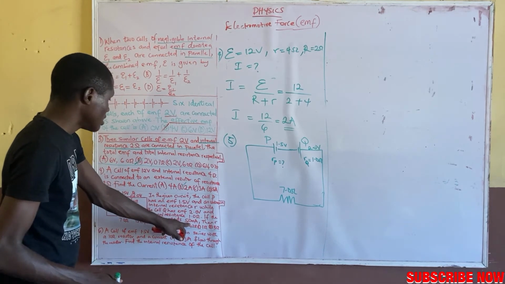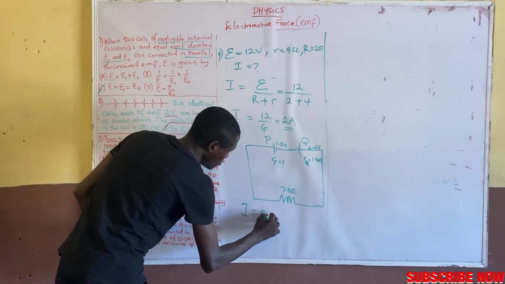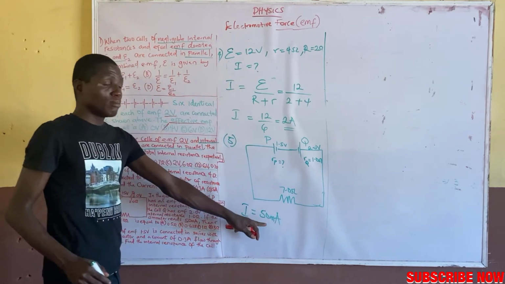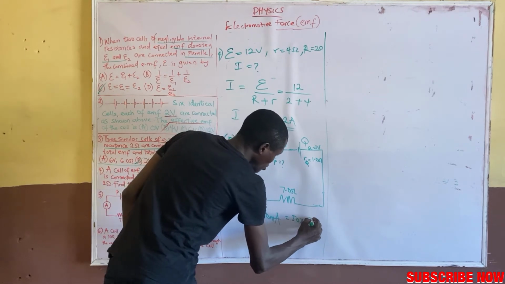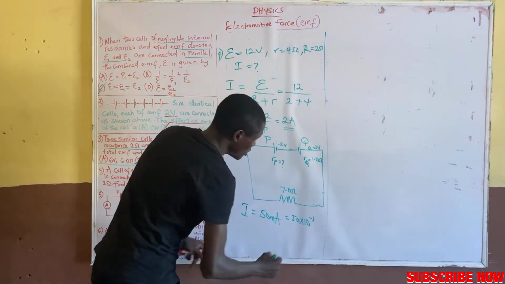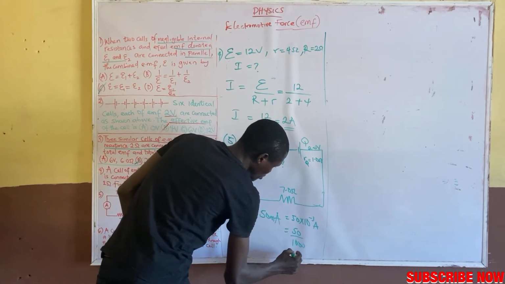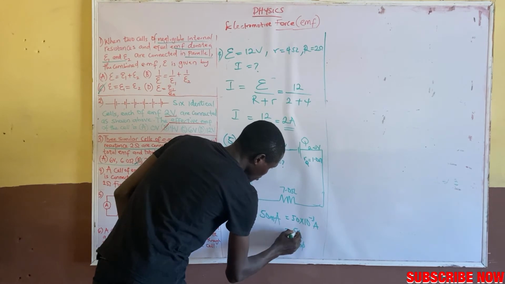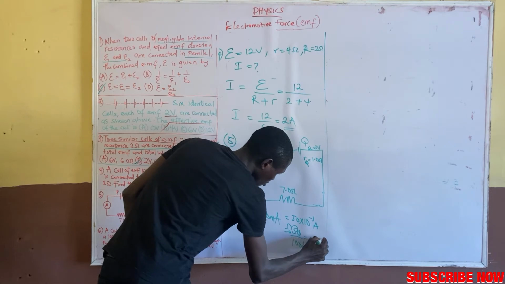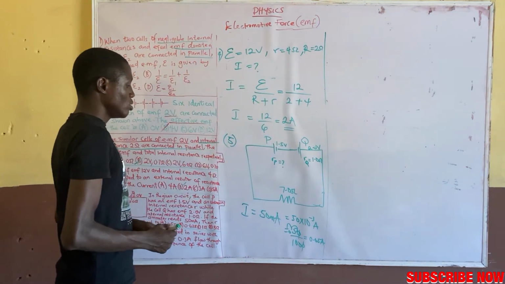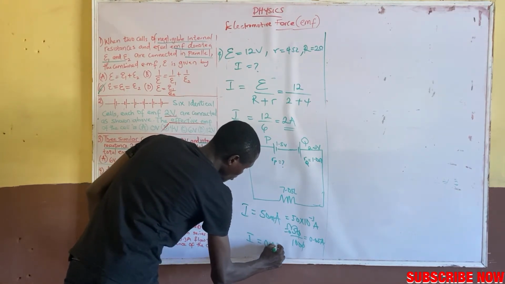The current that flows through the circuit is 50 milliampere. 50 milliampere means 50 times 10 raised to the power minus 3 ampere, so 50 over 1000, which is 0.05 ampere. So the current flowing through the circuit is 0.05 ampere.